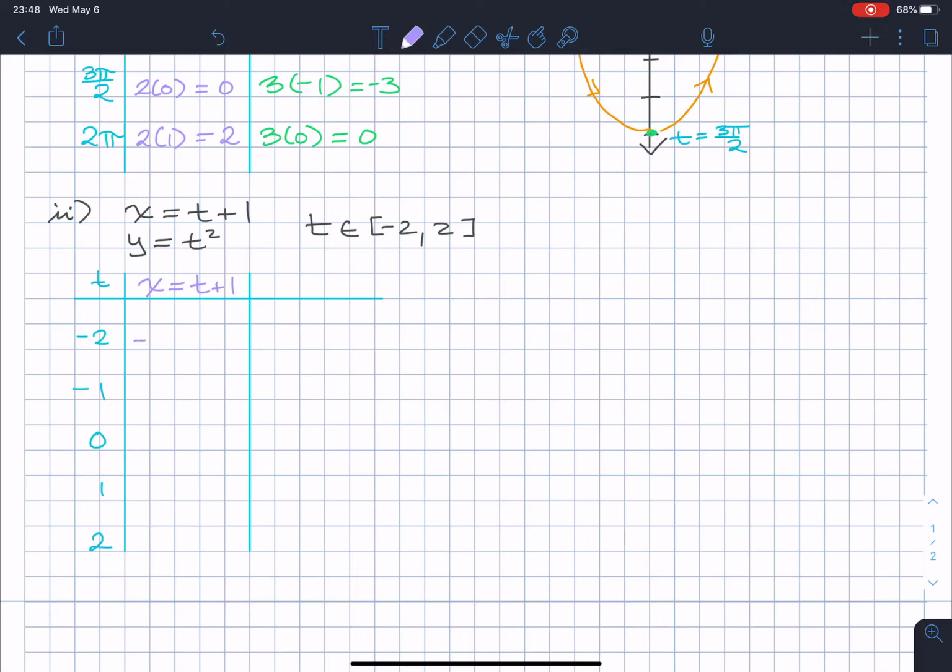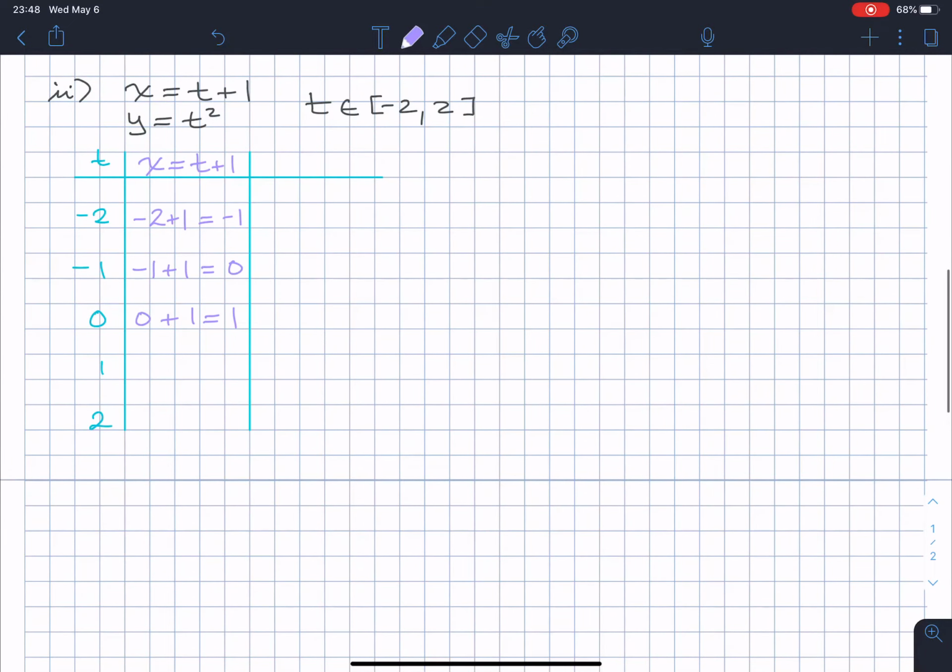So negative 2 plus 1 is negative 1. Then negative 1 plus 1 is 0. Then 0 plus 1 is 1. Then 1 plus 1 is 2. And then finally 2 plus 1 is 3. So those are my values for x.